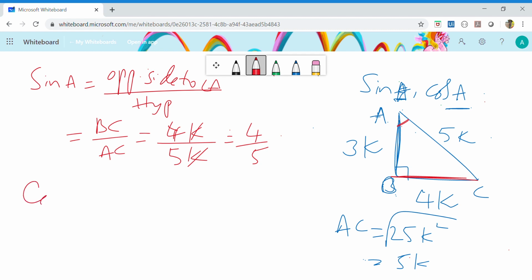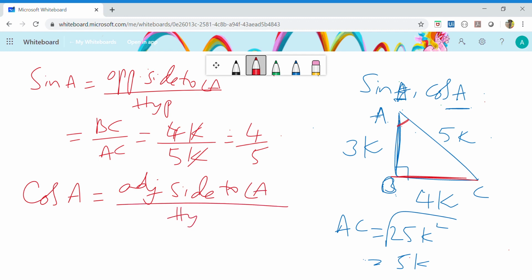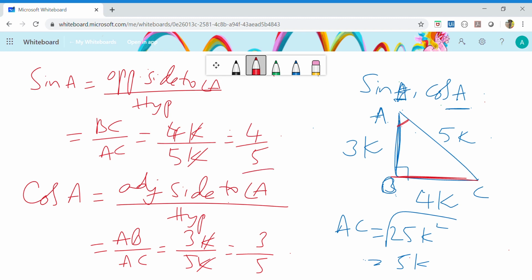And cos A becomes the adjacent side to angle A by hypotenuse. The adjacent side to angle A is AB. AB by hypotenuse AC is 3K by 5K. K gets cancelled. 3 by 5. So these are the values.